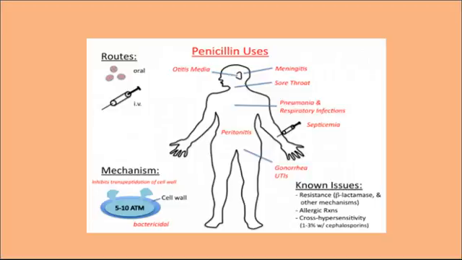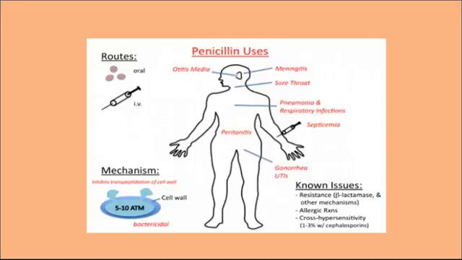Penicillin is a natural antibiotic that's derived from a mold. Over time, there have been changes. There are some bacteria that produce penicillinase, which kills the penicillin drug. There are also beta-lactamase resistant bacteria.